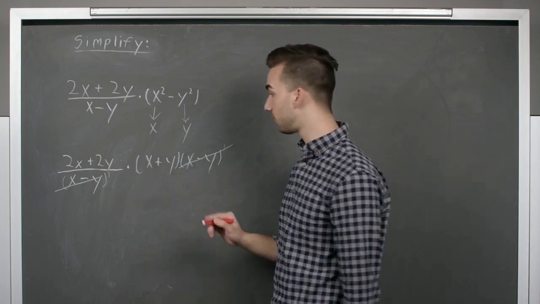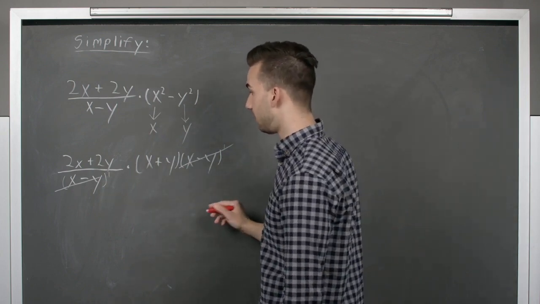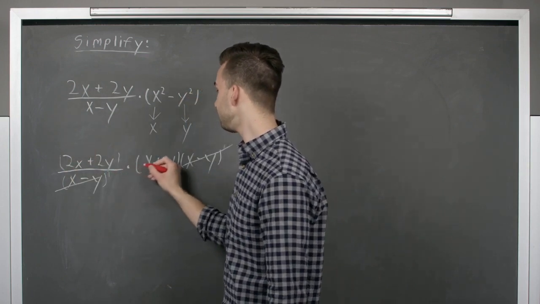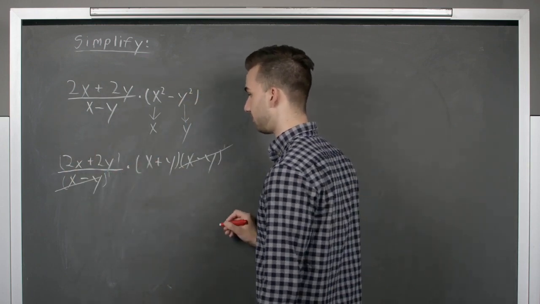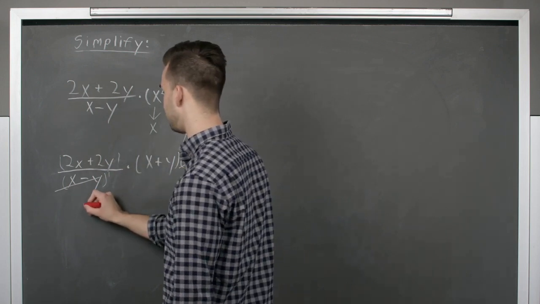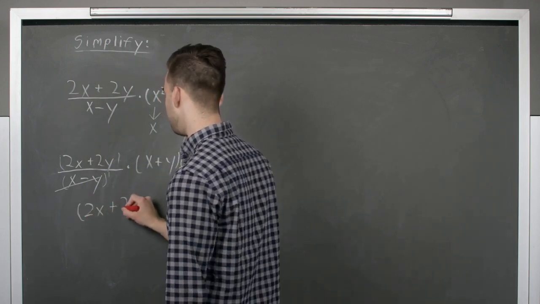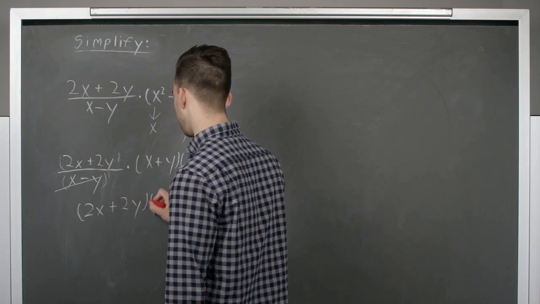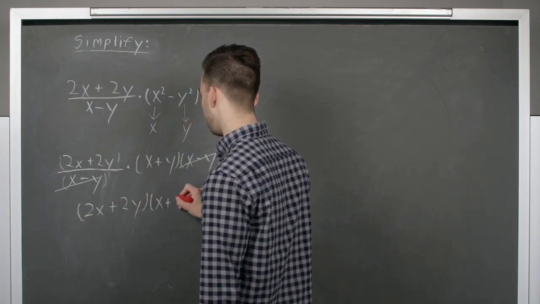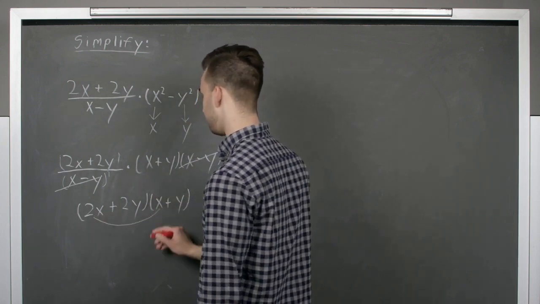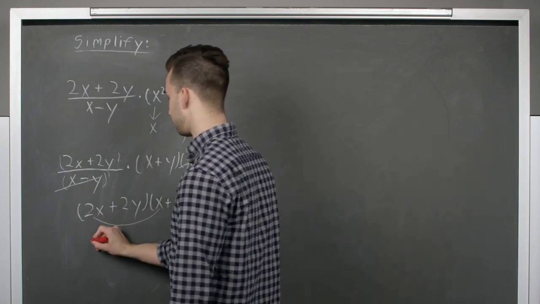So at this point, we don't even need a fraction bar. But let's go ahead and multiply this. So now we can just multiply, I'll write this as 2x plus 2y, x plus y. Now we can write 2x times x is 2x squared.